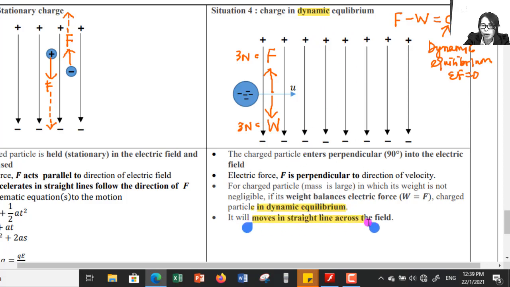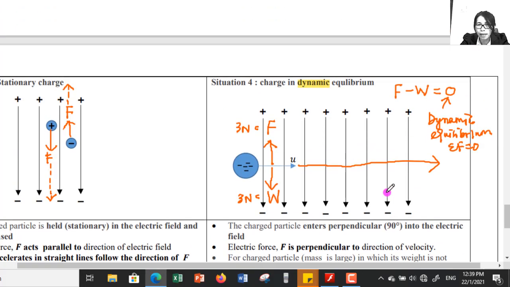It will move in a straight line across the field, and it will not deflect.